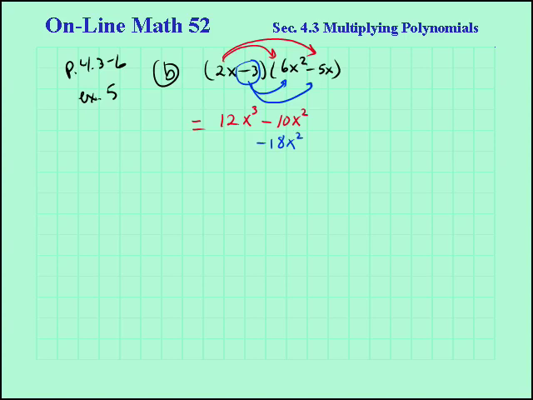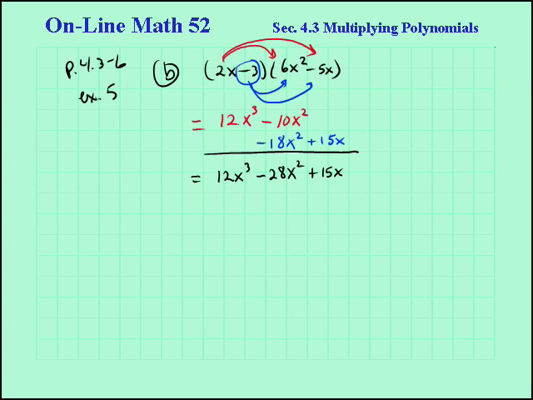I think I did that correctly. Negative 3 times 6 is negative 18, and it's x squared. Yeah, that's right. And negative 3 times negative 5 is a positive 15x. So when we add these together here, it looks like we have 12x cubed, negative 28x squared, and positive 15x.